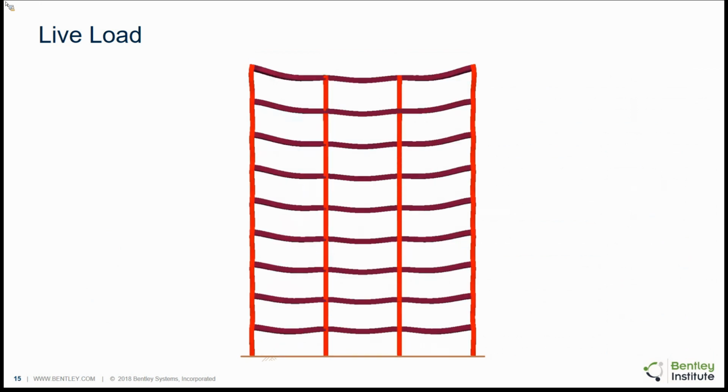And so the building deflects. So for live load, that traditional analysis is correct. The building is in place, physically is completed and in place, and then the live load, the tenants, are applied to the structure and it displaces. So that traditional approach for analyzing the live load case is certainly appropriate and proper.